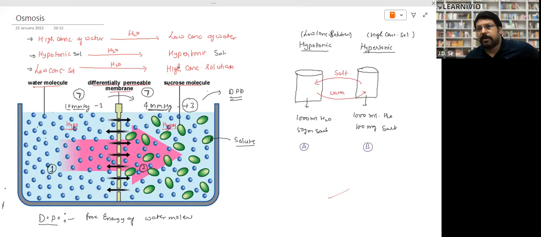What will happen with that fish? Any idea? It will die. Definitely it will die, but how will it die? That is the question. Why will it die?